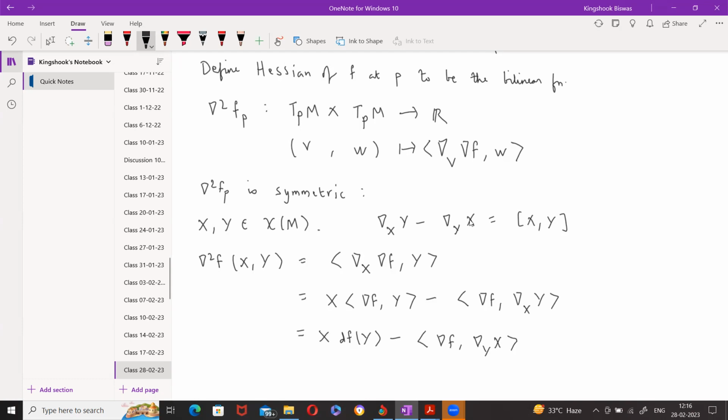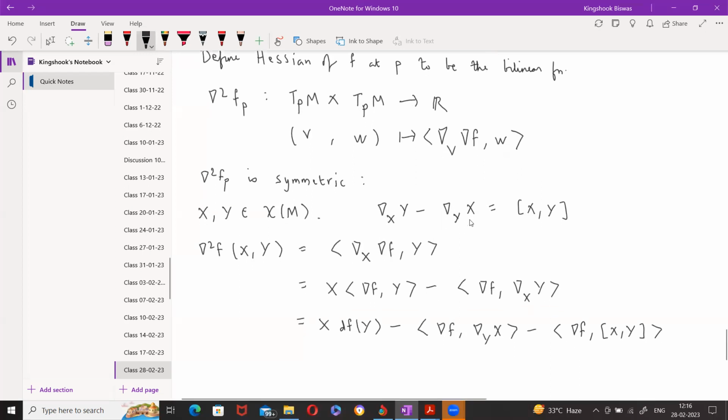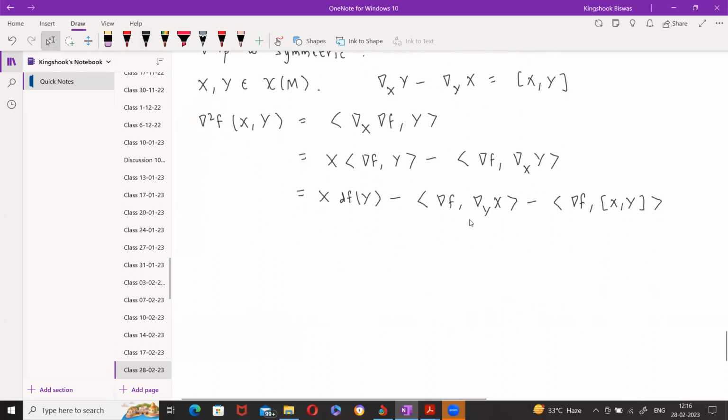So I get minus the inner product of grad f with the bracket [X,Y]. This is by symmetry of the connection. Now what is X applied to df(Y)? By definition, that's X acting on the function Y f. So this becomes XYf.